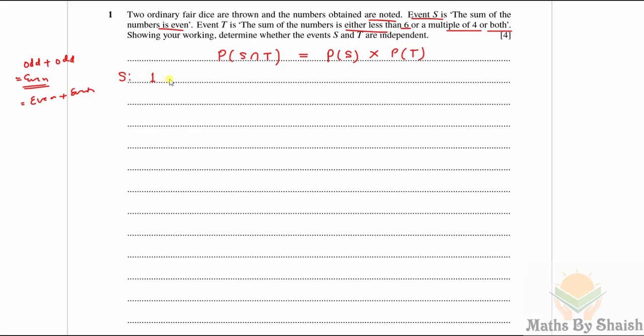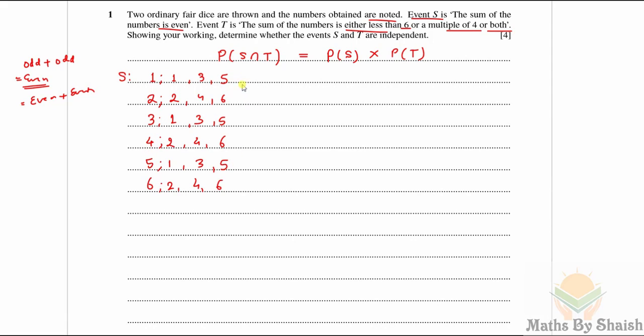For 1 we have the possibilities 1 plus 1, 1 plus 3, 1 plus 5. For 2 it is 2 plus 2, because 2 plus 1 is 3, 2 plus 4, and the third one is 2, 6. And if the first die came with 3, then the possibilities for the second die would be 1, 3, 5. Similarly for 4, 5 and 6.